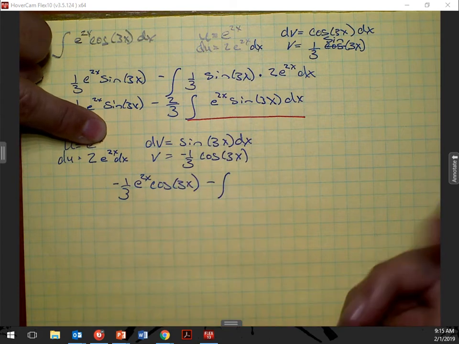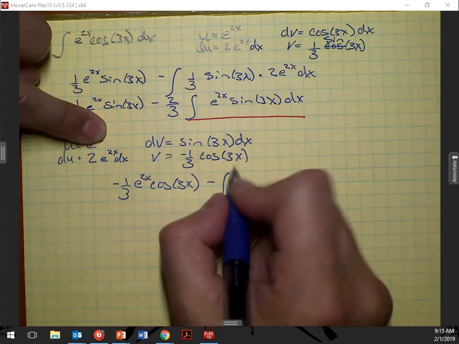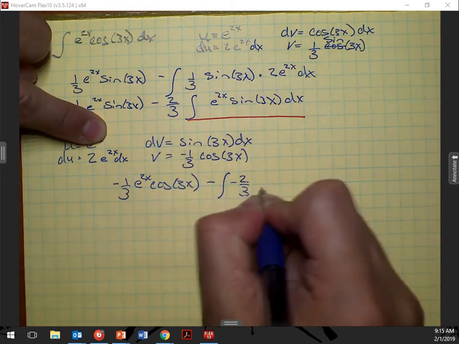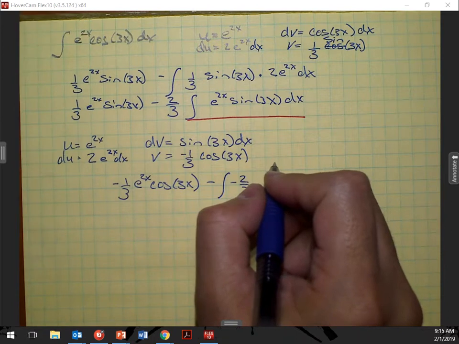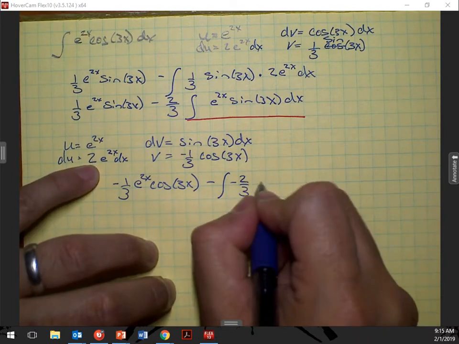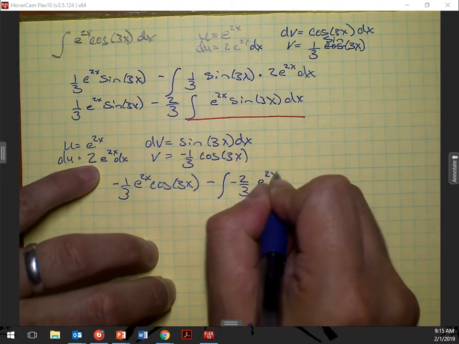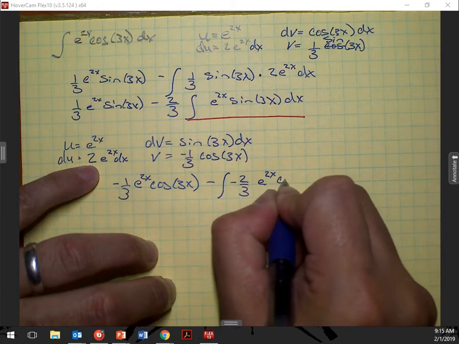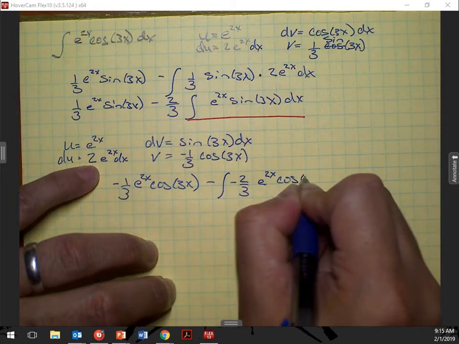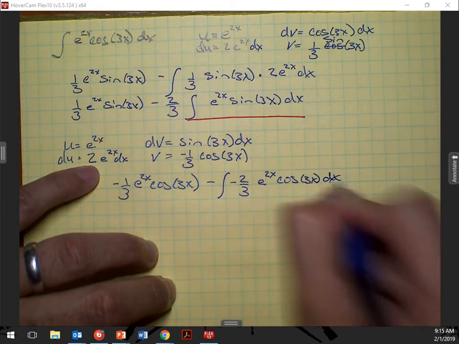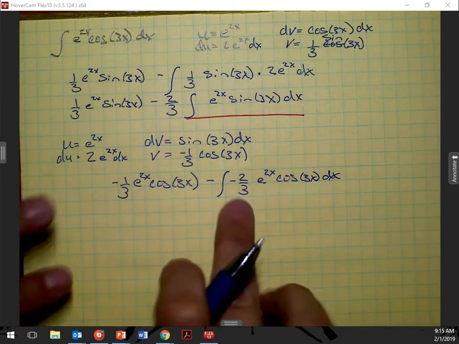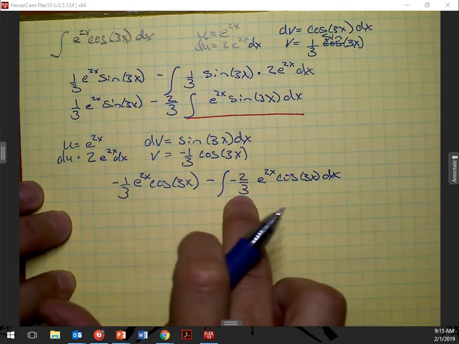So again, my negative 2/3, right? Yes. So negative 2/3 of e to the 2x cosine of 3x dx.